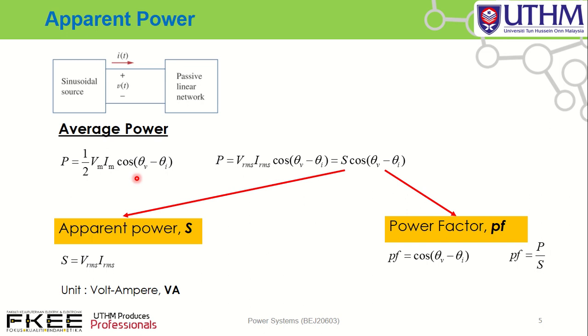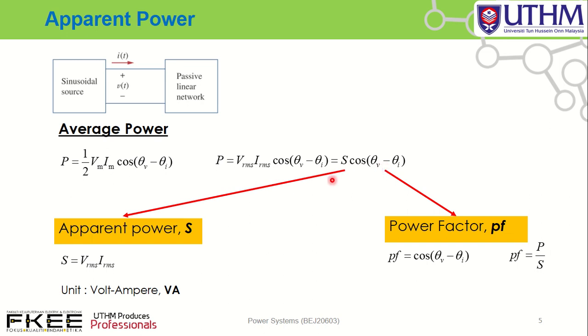After simplification, we get P equal to Vrms Irms cos(theta V minus theta I), which we can write as S cos(theta V minus theta I).